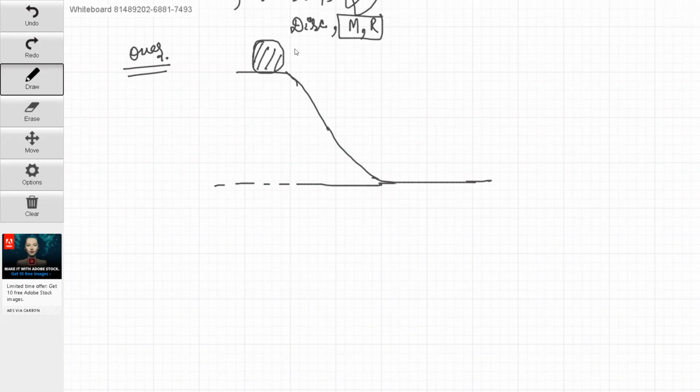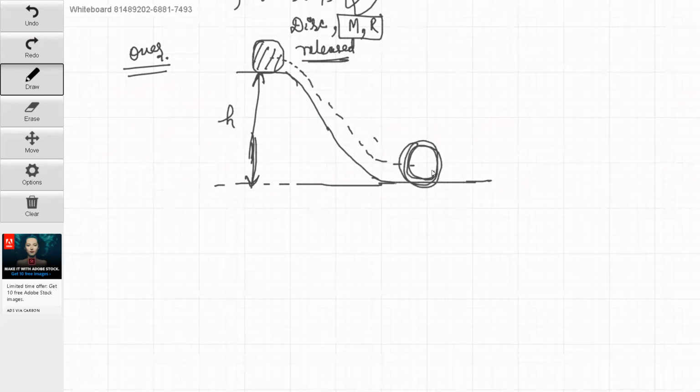It is released from this place, from h height. It comes down, slides down, and starts moving on the horizontal floor.